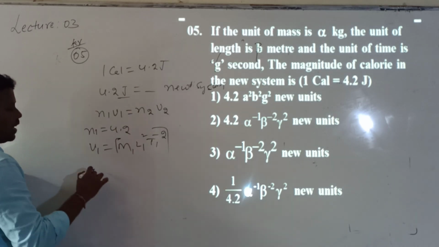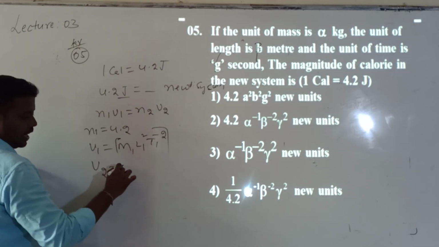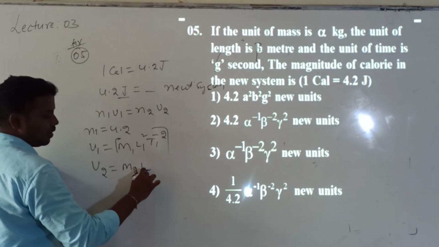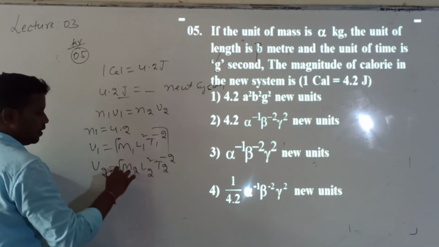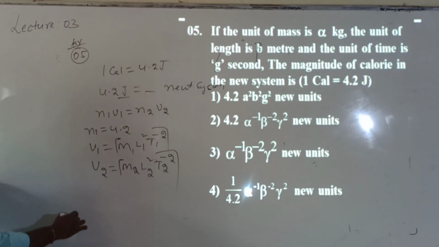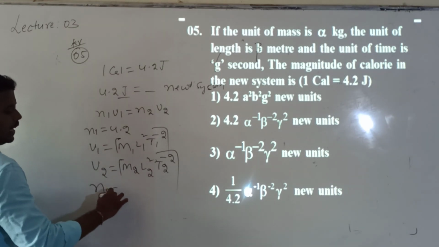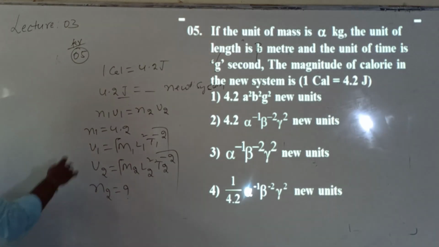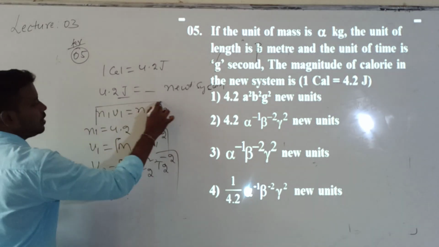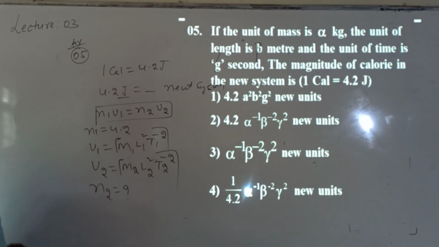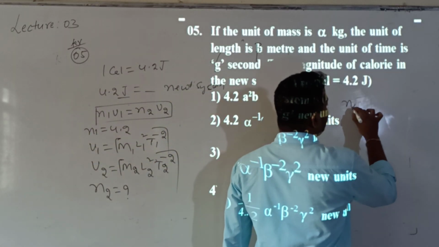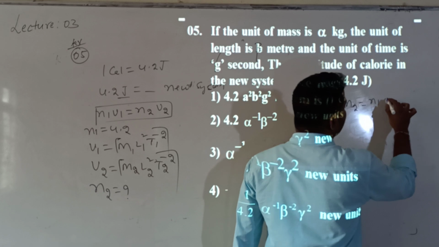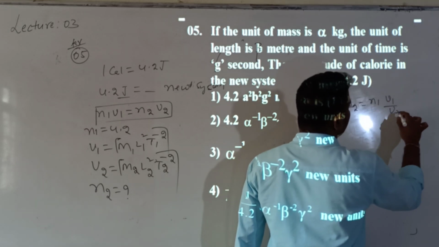Whereas in the new system, U2 dimensional formula is M2 L2 square T2 power minus 2, and I want the N2 value. To calculate N2 using the relation N1 U1 is equal to N2 U2, tell me what I will get. So N2 is equal to N1 U1 by U2.